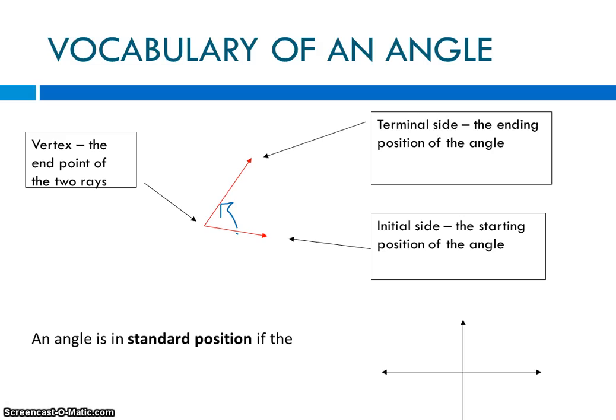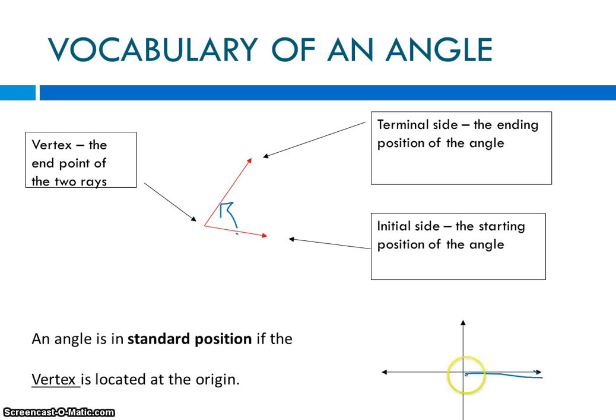We're going to start at the initial side, draw our angle, and we're going to have the terminal side. And finally, an angle is in standard position if the vertex is located at the origin. So if I have my set of axes here, I can draw an angle in standard position. I have my initial side ray here, which is drawn on the axis. Sorry for my sloppy pen work.